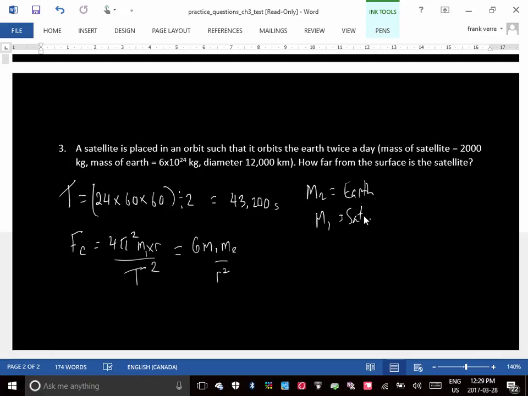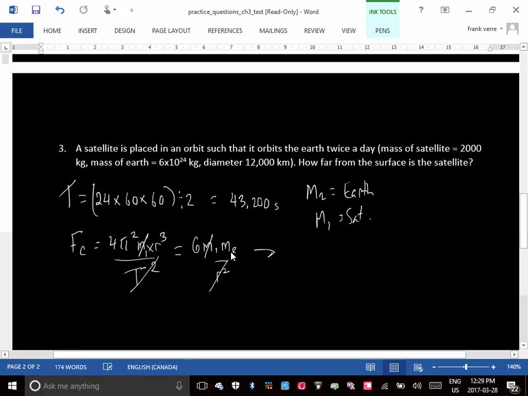It's not geosynchronous, because geosynchronous means the period is exactly the same as the period of the Earth. So it's not going to be. So whenever we want R, let's rearrange this equation. Let's get rid of the R, move it over here. So we have R cubed. Let's cancel out M1.